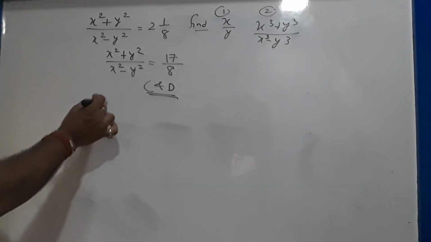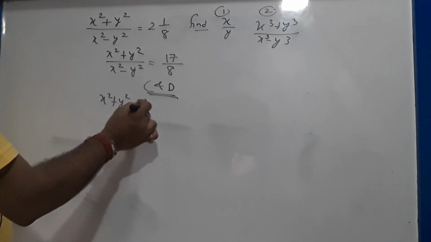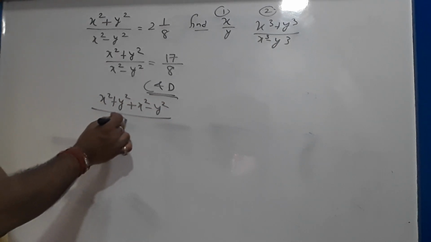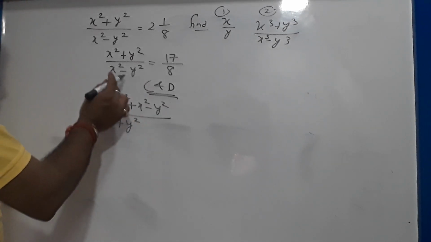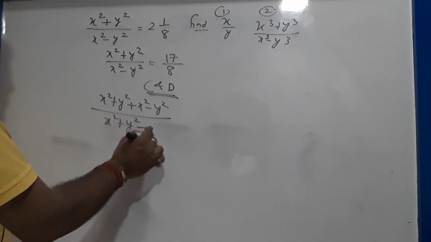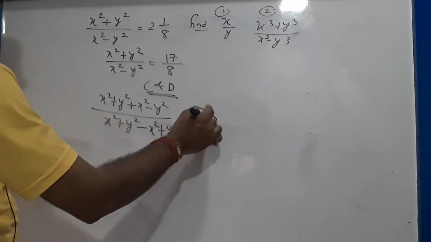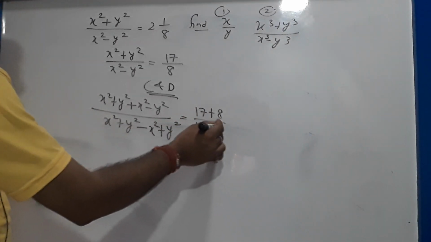So numerator plus denominator upon numerator minus denominator: x square plus y square upon, minus denominator, so change the sign, minus x square plus y square is equal to 17 plus 8 upon 17 minus 8.